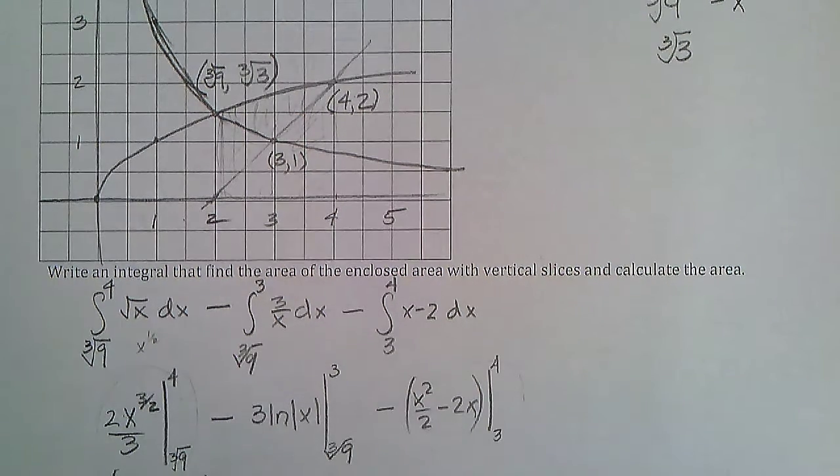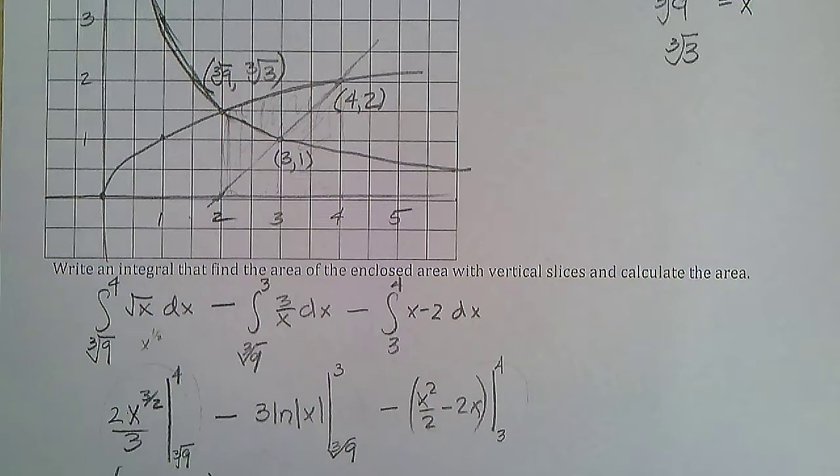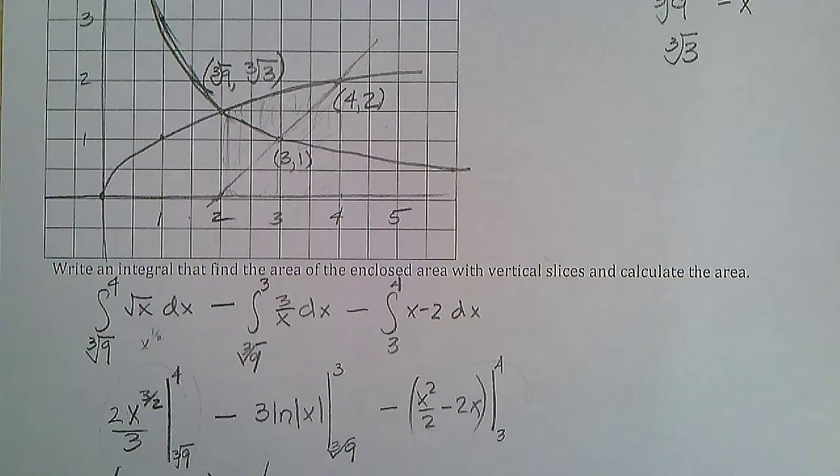Then we have minus, and we got 3ln 3 minus 3 ln of, let's see, that's 9 to the 1/3. The 1/3 can come out using log rules, and this cancels.